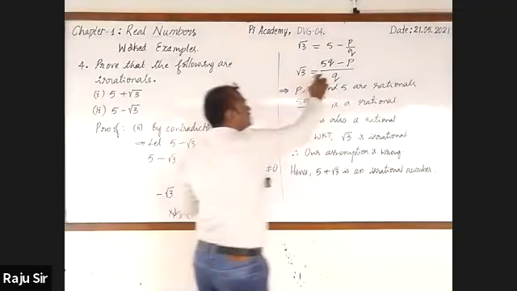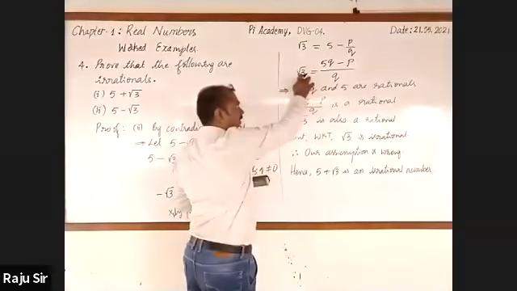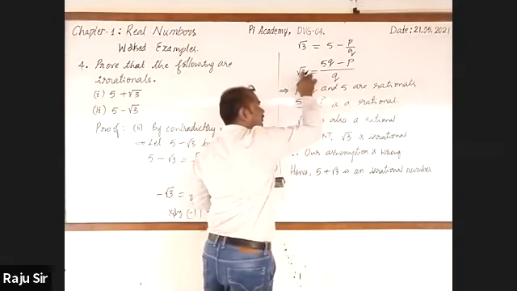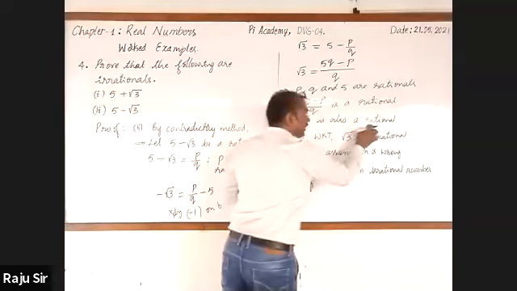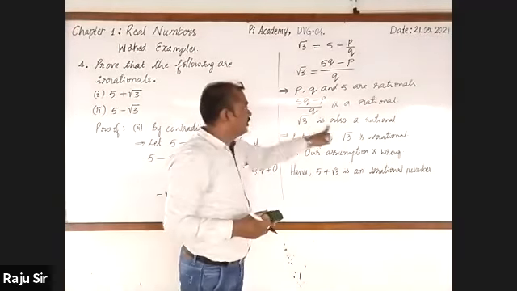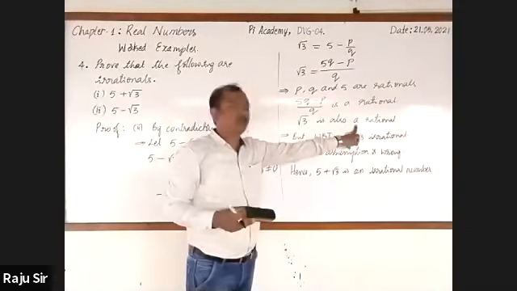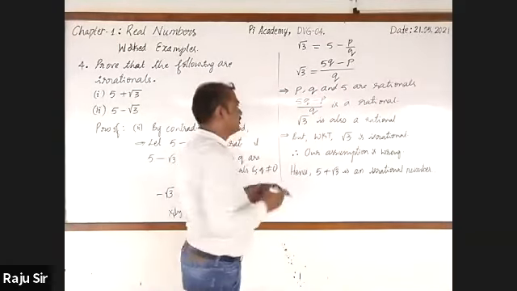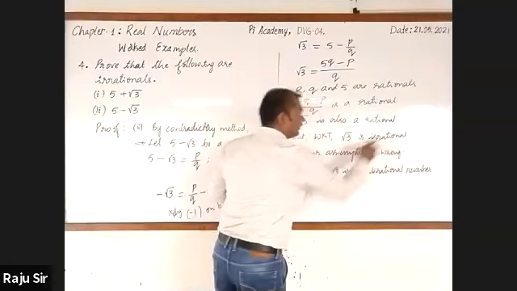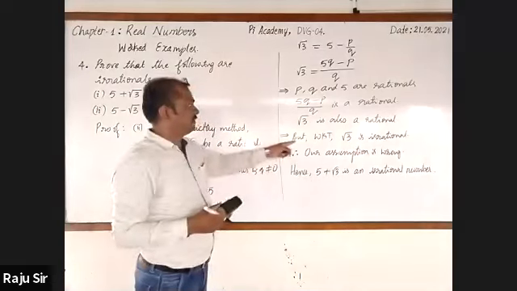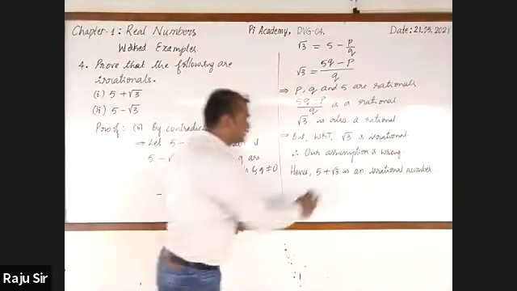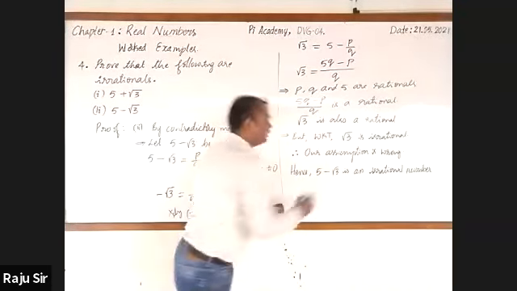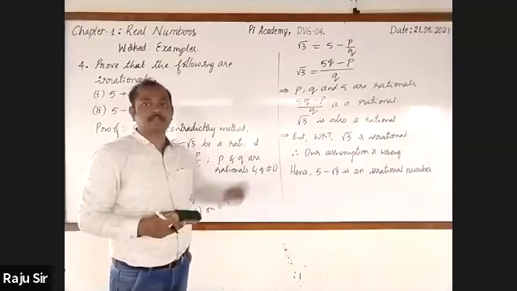And this whole statement is equal to root 3. If it is a rational, root 3 will also be a rational. Hence we have written root 3 is a rational. But we know that root 3 is irrational. Therefore, our assumption is wrong. Hence, 5 minus root 3 is an irrational number.